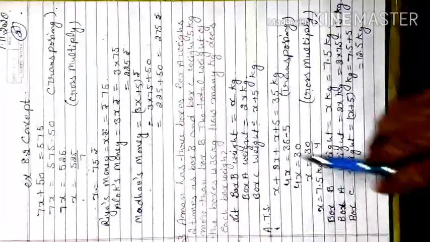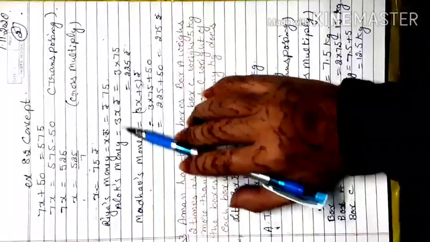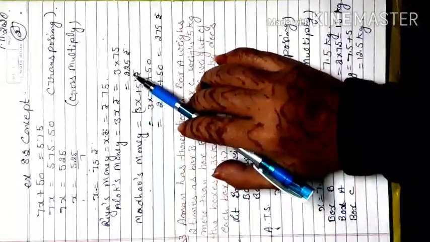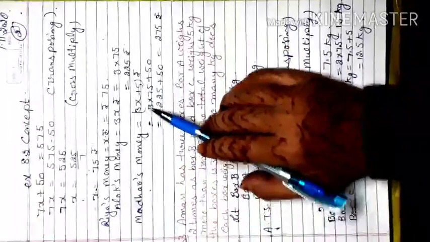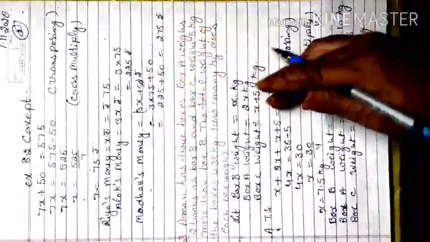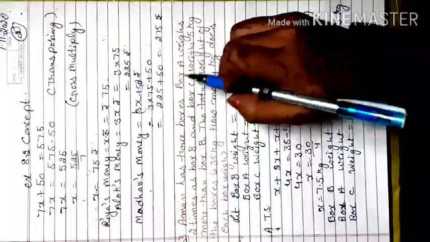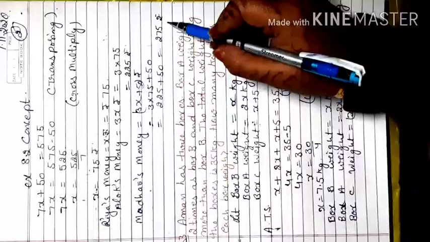That means Ria's money, which we considered as x, is 75. Alok's money is 3x, 3 into 75, that is 225, and Madhav's money is 3x plus 50, 3 into 75 plus 50, which gives you 225 plus 50, is equal to 275.